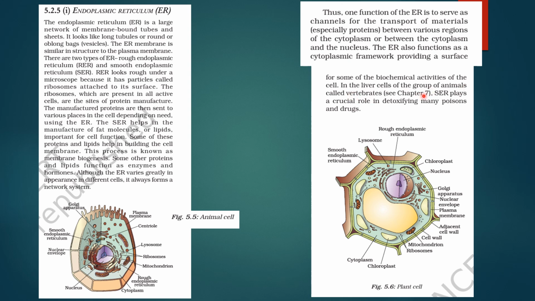In the liver cells of the group of animals called vertebrates, SER plays a crucial role of detoxifying many poisons and drugs. This is very, very important function, right? So all these points you should keep in mind, क्योंकि इसमें इस तरह आता है question कि आपको endoplasmic reticulum के functions बताने हैं, तो you can make it point wise, right?